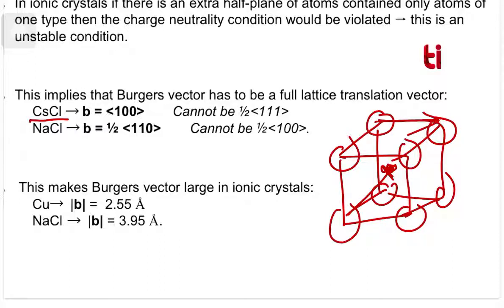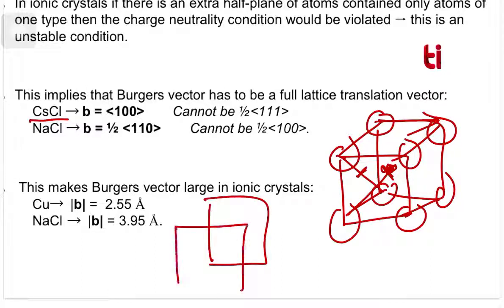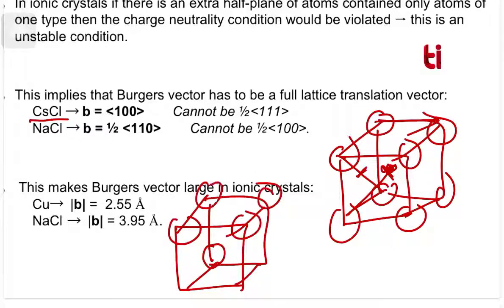In the same way in NaCl, the Burgers vector is half of this, because the NaCl structure is basically an FCC structure like this, and here are the sodium, these are the chlorine, this is the sodium. So this is not the Burgers vector. The Burgers vector is this face centered, half of this again face centered. Because of the presence of cations also, one can say that for ionic crystals, Burgers vectors are generally large as compared to monoatomic crystals.